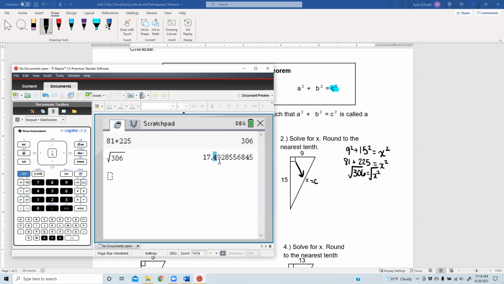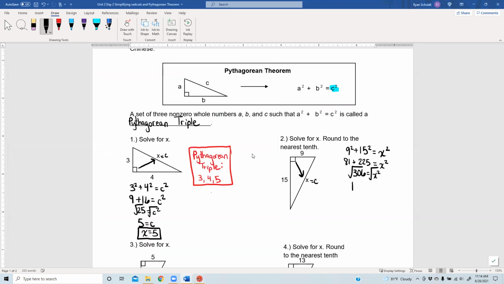That's a 9. That's more than 5. So I'm going to up that to 17.5. So that means X equals 17.5.